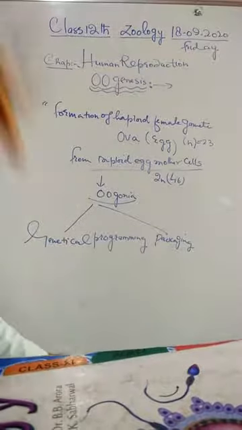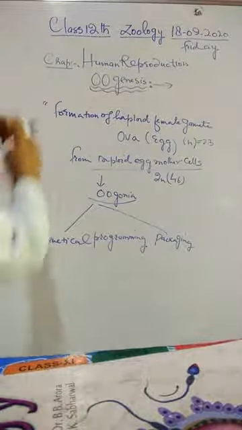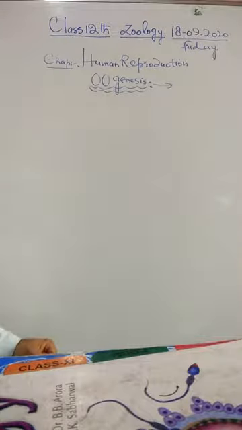So far as the period is concerned, in human females these two processes occur during a special period. The period of oogenesis is different in different animals.